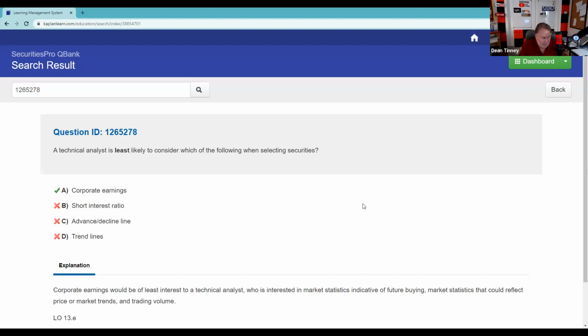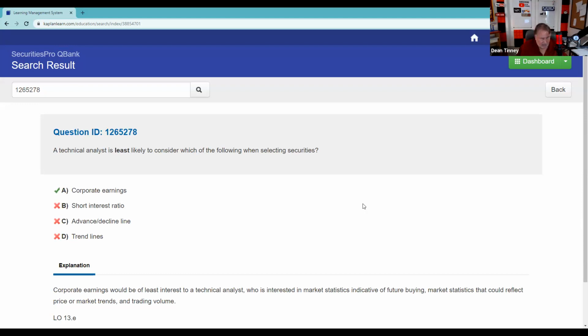Trend lines, very important. Remember, trend lines are about charts, and as I said, we want to be able to confirm either an upward trend or a downward trend. That's certainly a technical theory. The other thing I would add, Cynthia, is that on a chart you should be familiar with the support line and the resistance line.